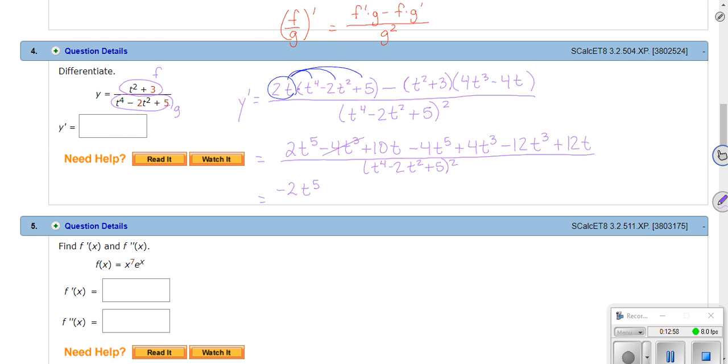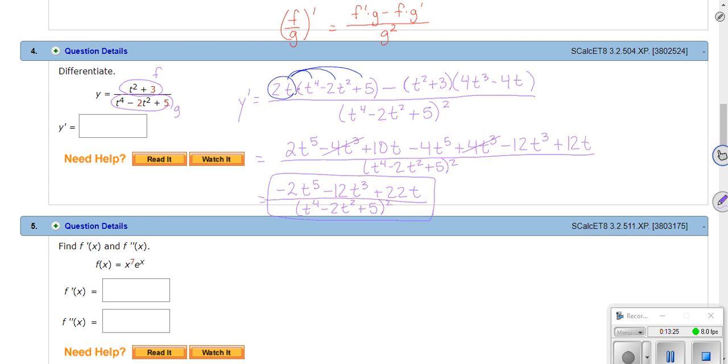My t cubes, those two cancel, so I've got minus 12t cubed. And then my two t's would be plus 22t, all over, again, I would just leave this. I don't think you have to multiply it out. I think that's what I would put in as my answer.